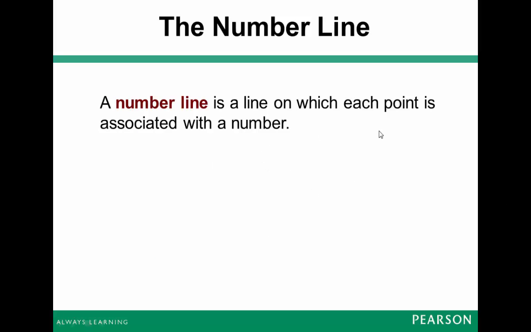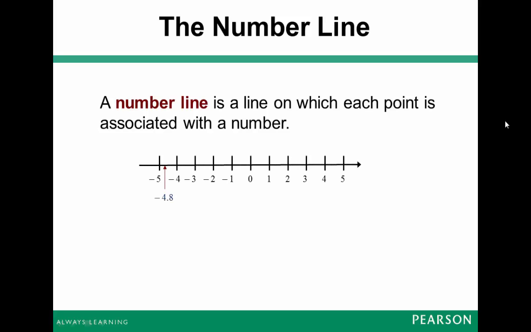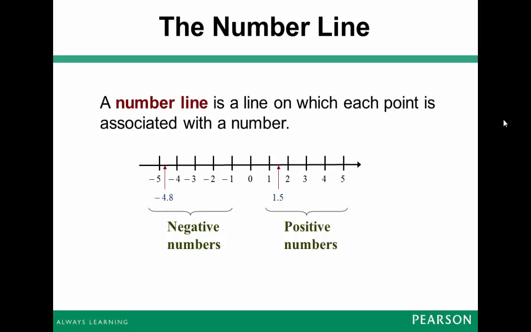So a number line is simply a line so that each point is associated with a number. Now we have an infinite number of points along that. So we'd have the negative numbers down below 0, the positive numbers up above 0, numbers in between like negative 4.8 and 1.5 would be in those positions as shown.